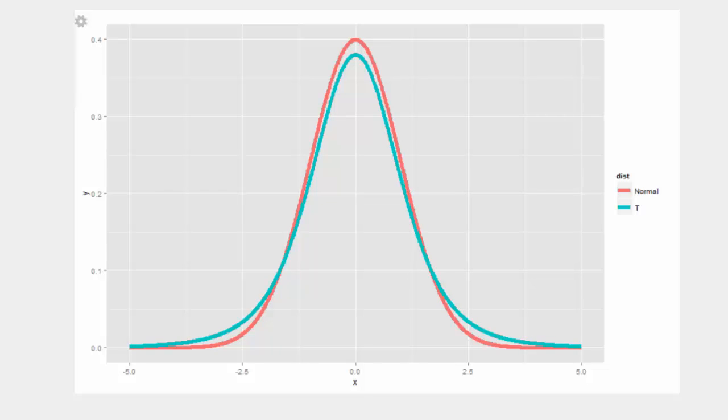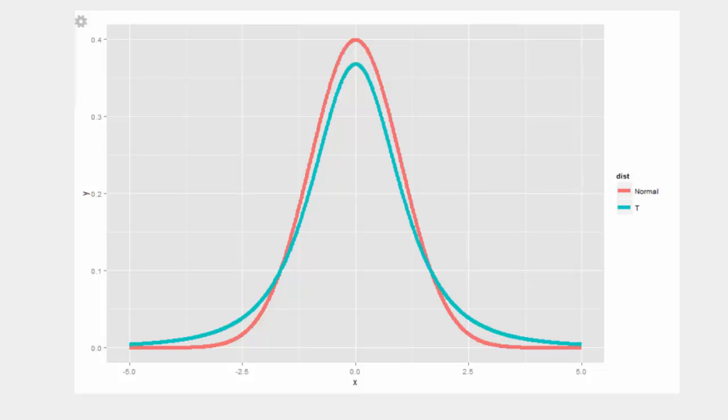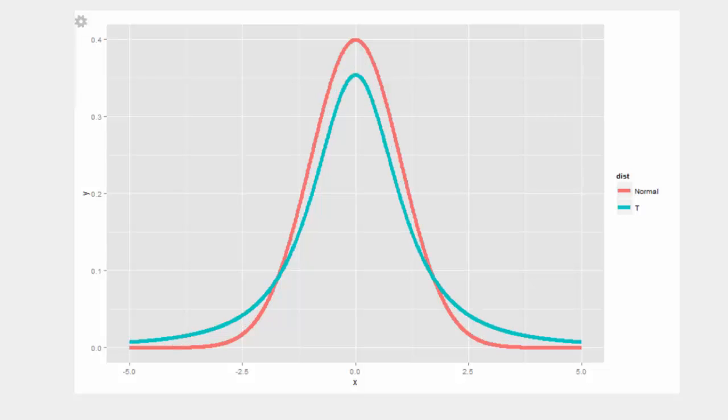If you were to squash it down right there, the extra mass has to head out in the tails. It's a little bit hard to see the impact because so much of this plot is devoted to the peaked part of the distributions where they're actually fairly similar.